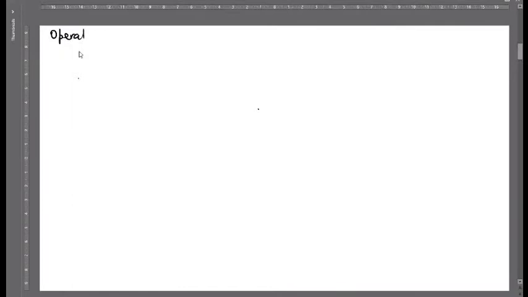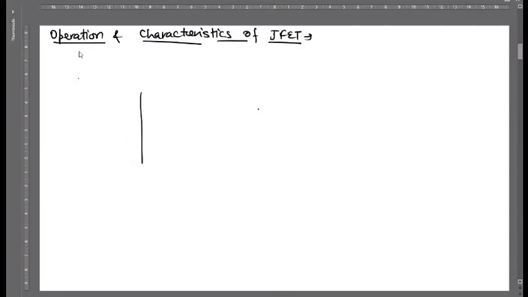Operation and characteristics of JFET, junction field effect transistor. Operation and characteristics of JFET. Let me show you the symbolic structural diagram.